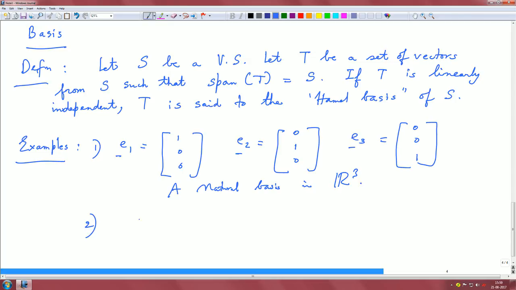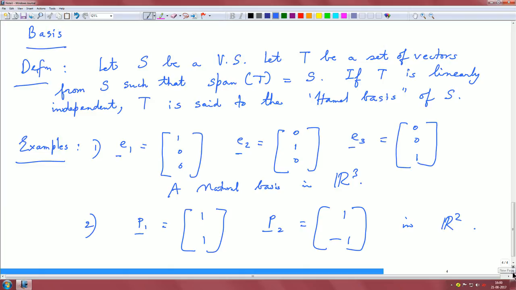And you can have 1 1 and 1 minus 1 as the basis in R2. You can also have 0 1 and 1 0, you could, but I am writing it slightly differently, and we will see through these connections. You can possibly have an infinite set of such bases. Okay.